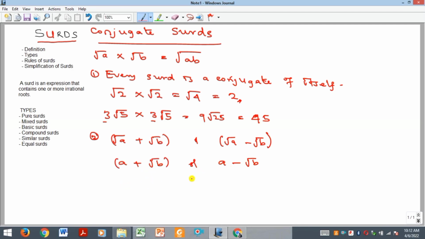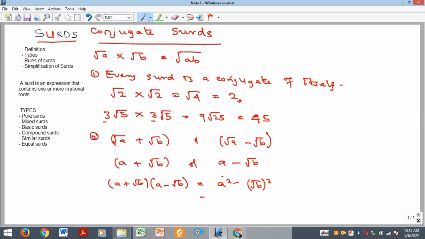And you can see that this comes from the general and basic principle of difference of two squares. You know that if you multiply a plus root b by a minus root b, you are going to get the expansion of a difference of two squares, which is a squared minus the square root of b all squared.